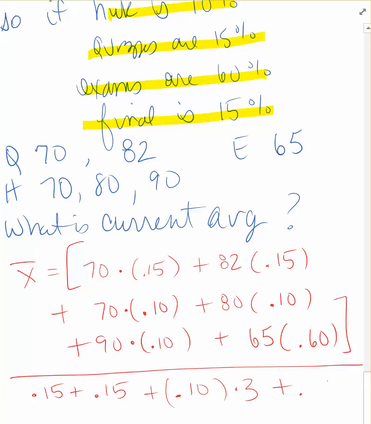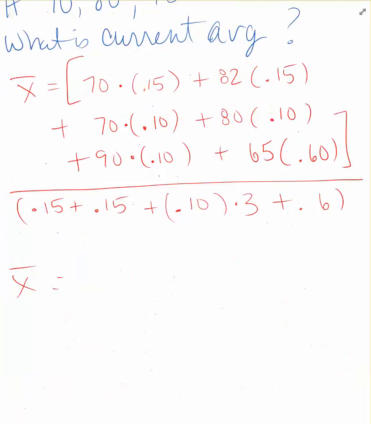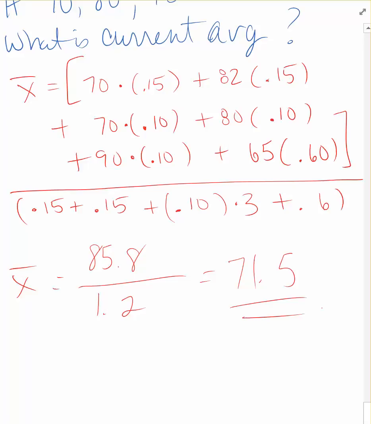And then plus the 0.6. All of that is your denominator. If you're working this with me, your numerator should be 85.8 and your denominator should end up being 1.2. When I do that division, that will give me the student's current average.